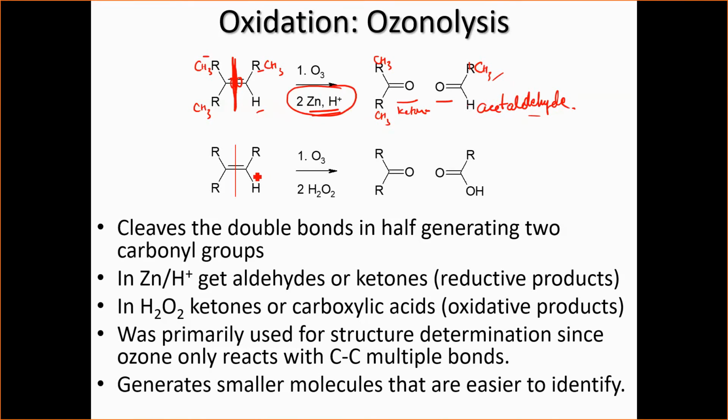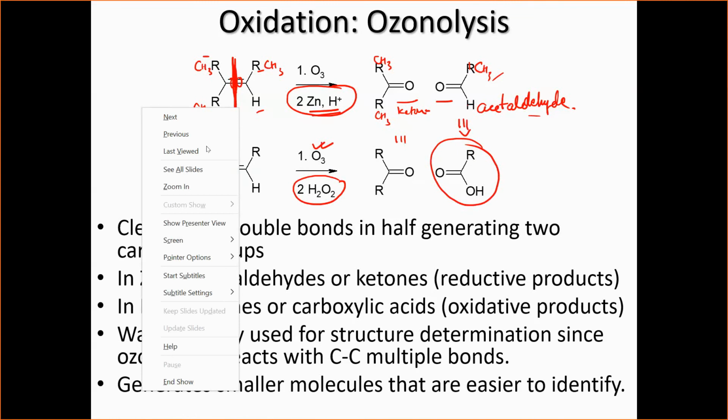But in contrast to that, if you use the ozone first, it forms the molozonide, and with the hydrogen peroxide, whatever is a ketone will remain a ketone, right? But the aldehyde will further undergo oxidation into the carboxylic acid. So basically, there are two different types of reactions in ozonolysis, right?